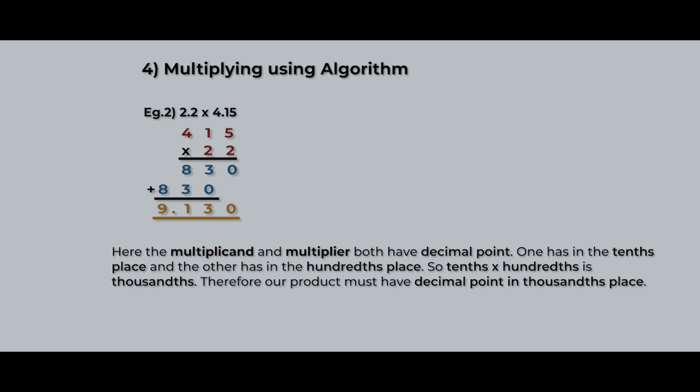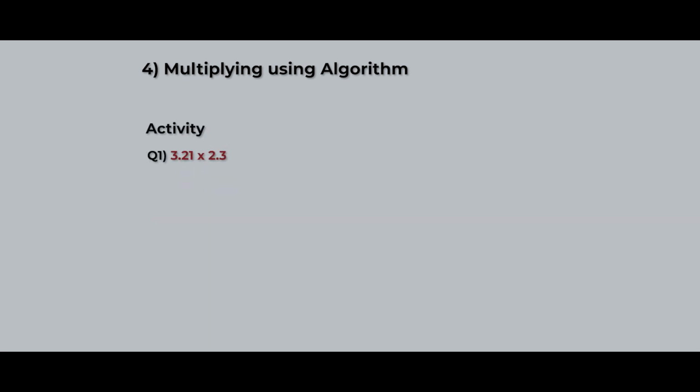One has it in the 10th place and the other has it in the 100th place. So, 10th multiplied by 100 is 1000. Therefore, our product must have the decimal point in the 1000th place, that is 9.130. So, here I have another question for you to do. This is all about multiplying.